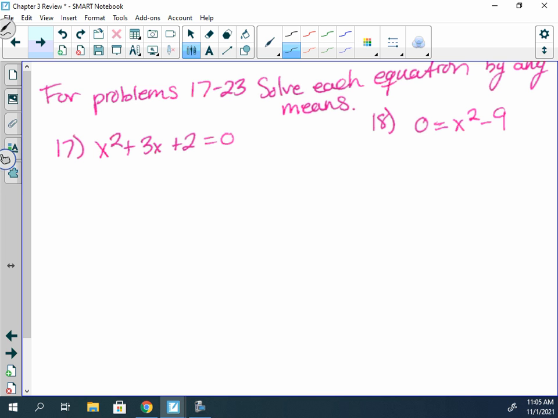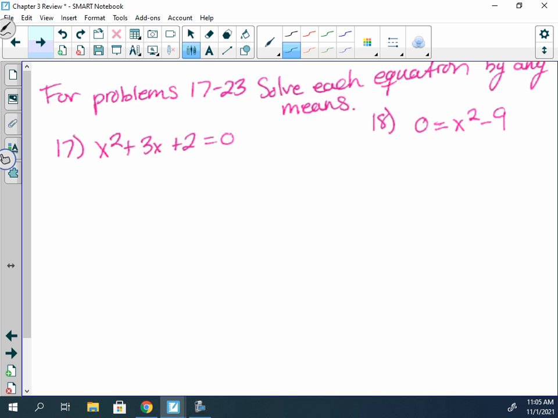One of them started with a G. Graphing. And the last one was the quadratic formula. So if it's saying that we can solve each of these equations by any means, does it matter which one we use?